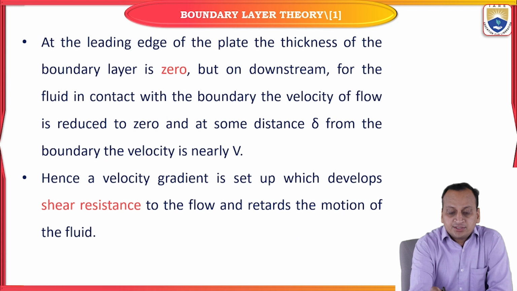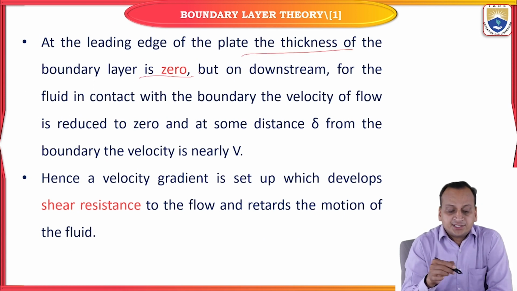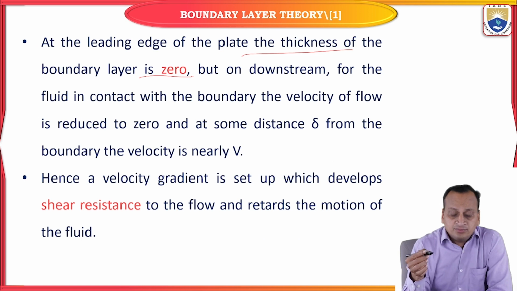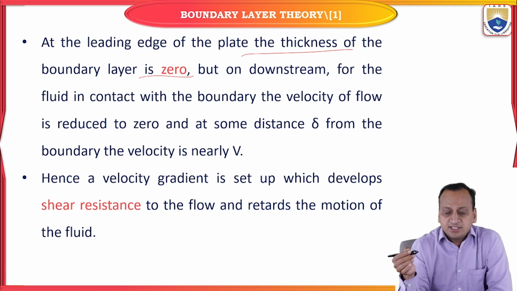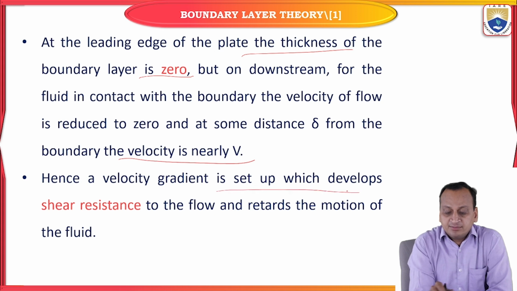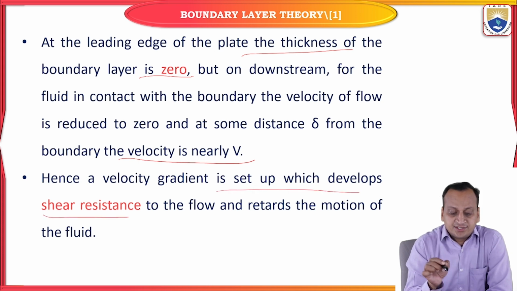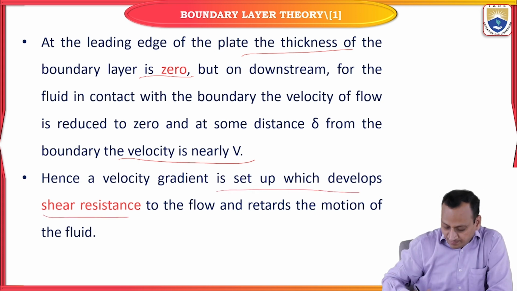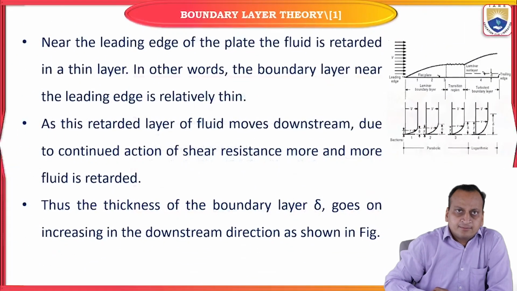At the leading edge, the thickness of the boundary layer is zero. Farther away from the leading edge, it gradually increases and attains the free stream velocity. Hence, a velocity gradient is set up which develops a shear stress. The shear stress will exist within the boundary layer.